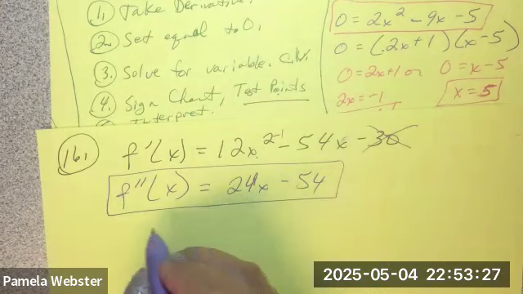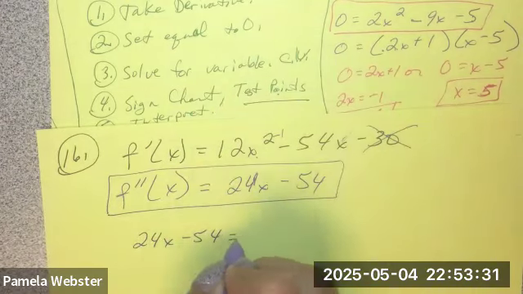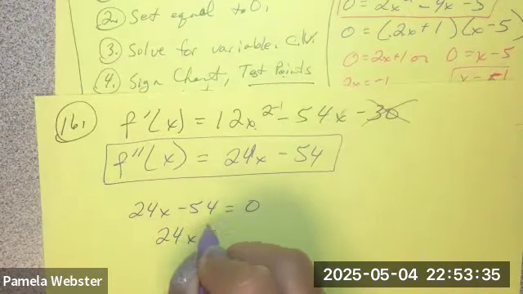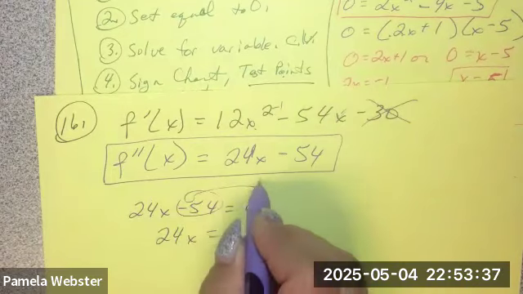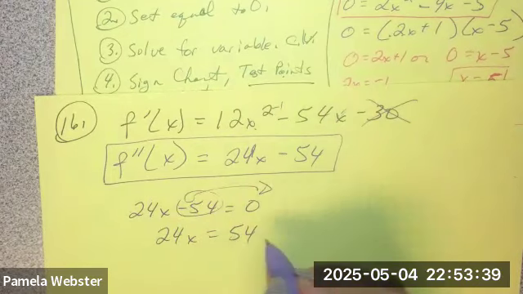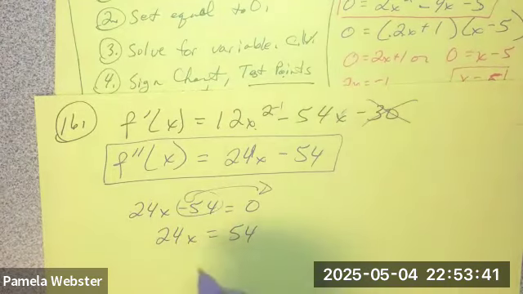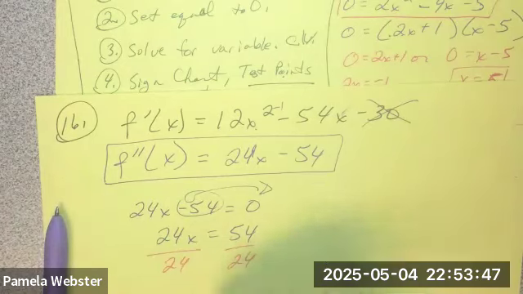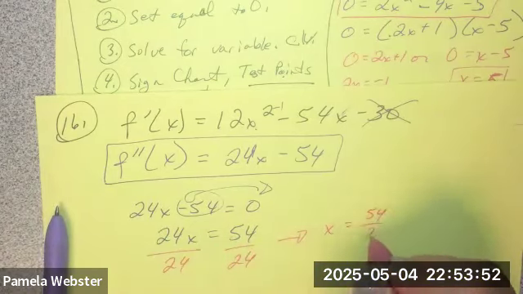Okay, take the derivative, set it equal to 0. Solve for the variable: 24x equals, I'm going to add this 54 over. 24x equals 54. Solve for the variable. I'm still multiplying by 24, so I'm going to divide by 24. x equals 54 over 24.